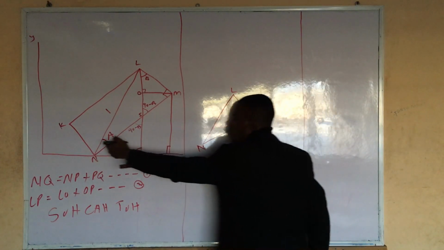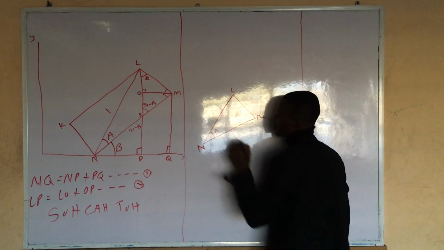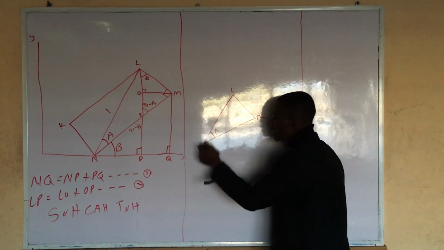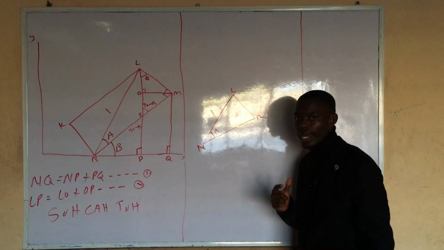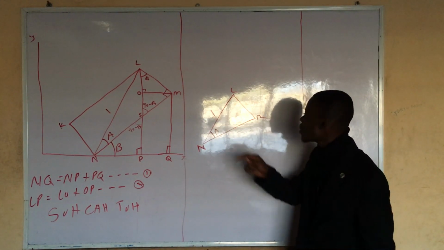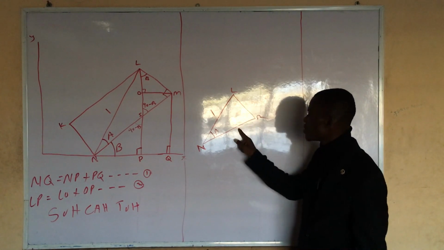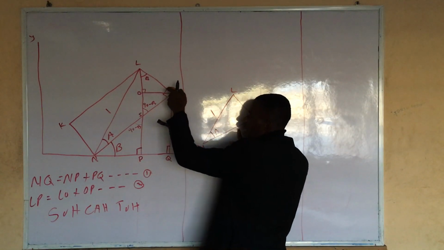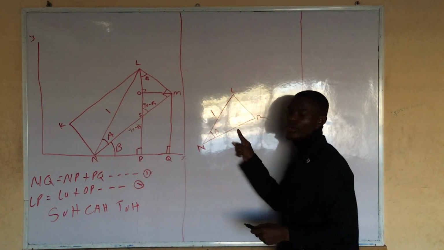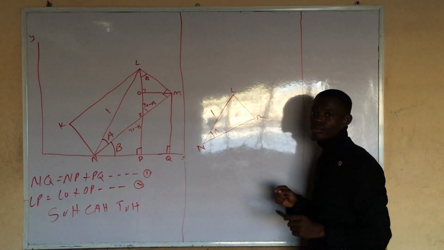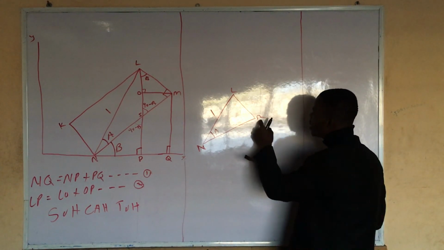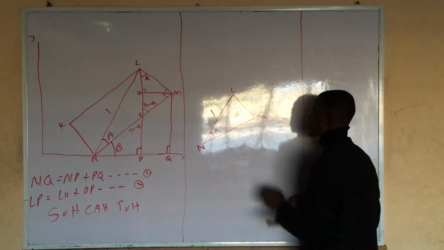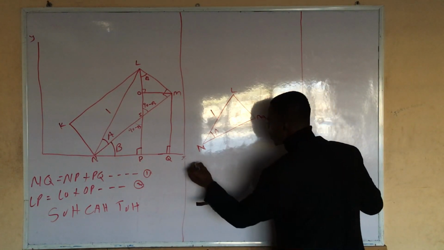Remember, the angle it sustained was A. Perfect. And this LN is simply 1 as a diagonal. Our goal is that we want to find this line length and this length, which correspond to NM and MN. So using SOHCAHTOA to find NM, what would it be? Using sine.